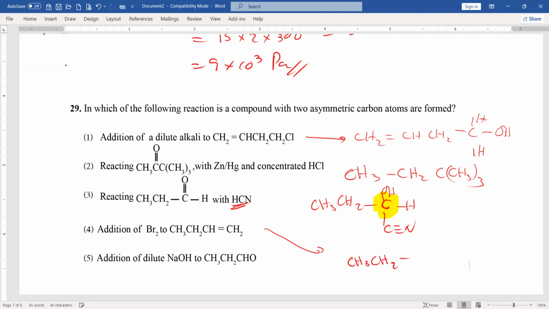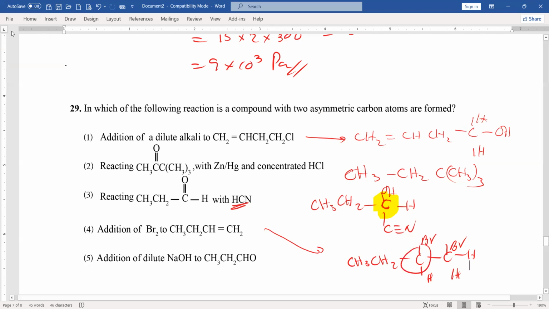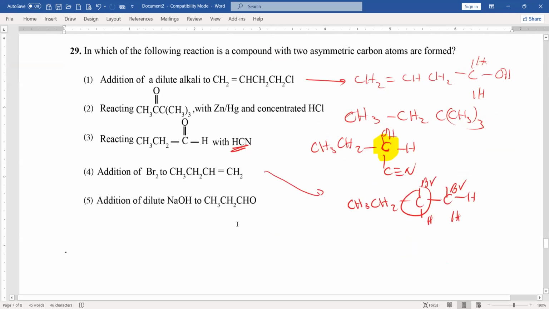CF3CH2, this is Br, this is hydrogen, we have two hydrogens already and another Br will be added. Only one asymmetric carbon. Then the answer must be the final one.